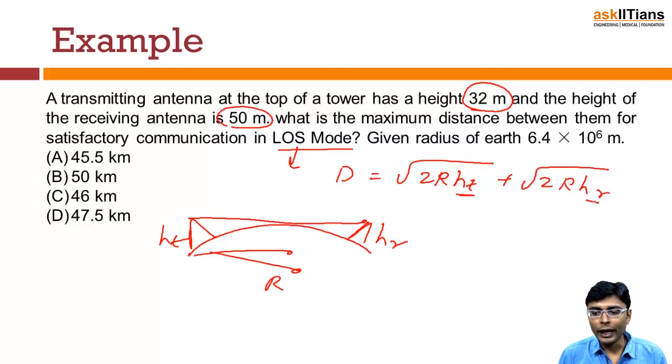HT is the height of transmitter, HR the height of receiver, R is the radius of earth, right? This is the maximum distance.